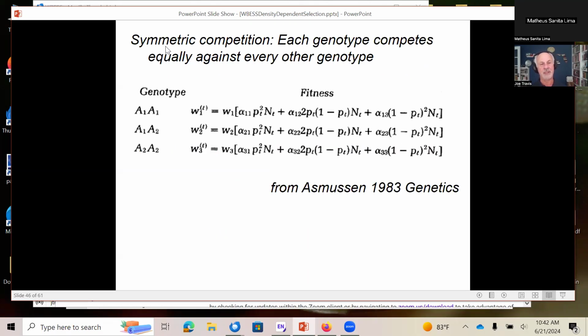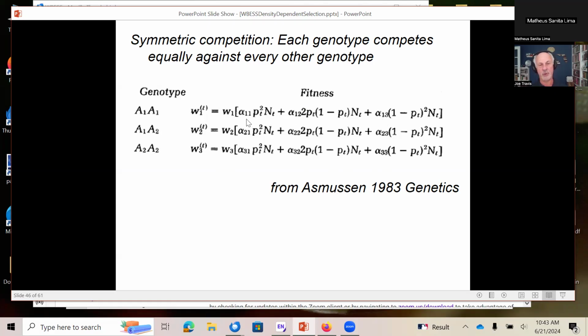What does that mean? Symmetric competition means that each genotype competes equally against every other genotype. This is a simple model drawn from Marjorie Asmussen's paper. It looks like a lot of symbols, but it's very simple. It's a linear model from her paper in 1983, where the fitness of each genotype is a function of its innate rate of increase, the W1, W2, W3 for these three genotypes, and then these competition coefficients against other genotypes.